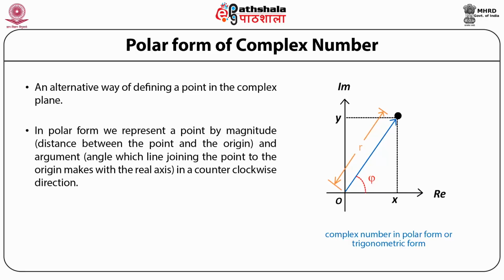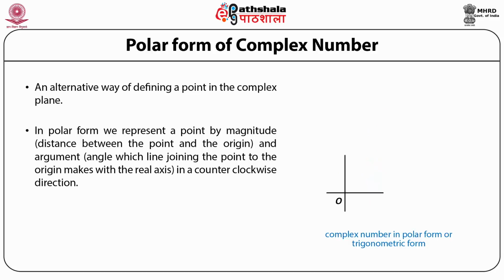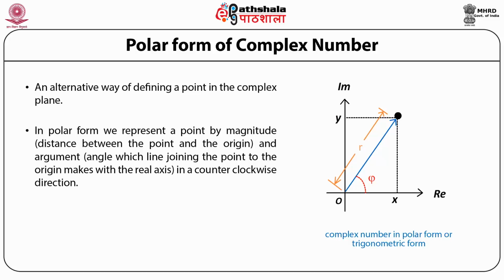In polar form, we represent a point or value in the complex system by a magnitude, the distance between the point and the origin, and an argument. This is a key word in complex numbers. What is the argument? It is just the angle with respect to the real axis, measured counterclockwise.